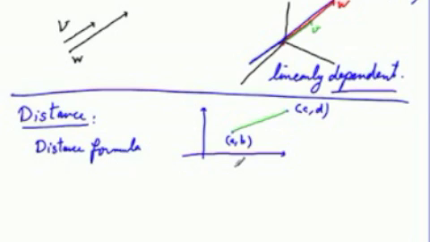The prime tool for measuring length is the most famous theorem of mathematics, which is what? Pythagorean theorem. So you try to make a right triangle here.